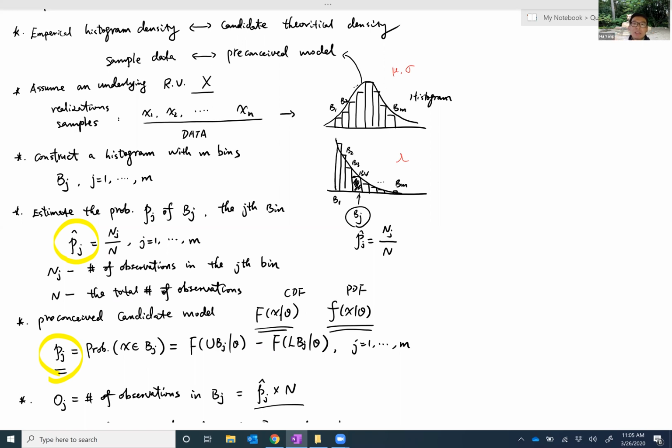You say, okay, this is from a normal model, for example this one here. This is a normal distribution. This is an exponential distribution. Then you can test this hypothesis. The graphical method is based on visual judgment. However, chi-square goodness of fit is a very quantitative method. You are actually doing hypothesis testing to see whether your preconceived model is right or not.